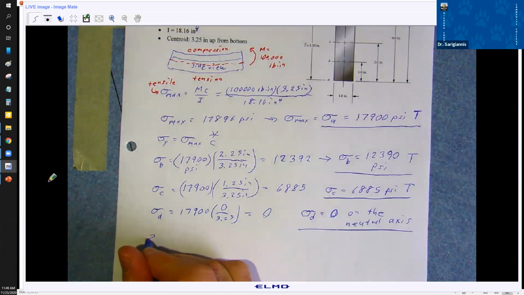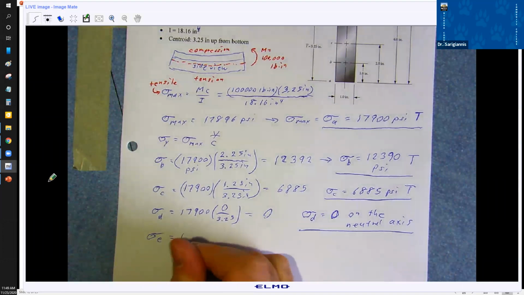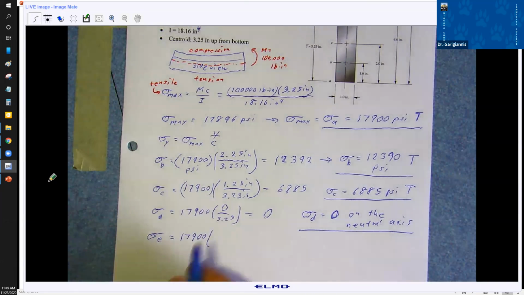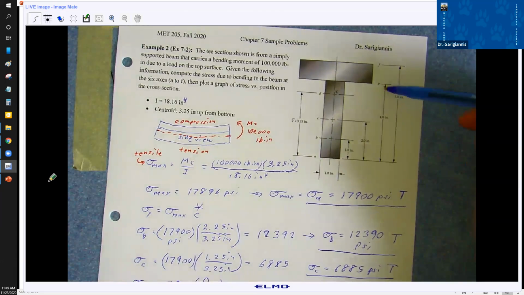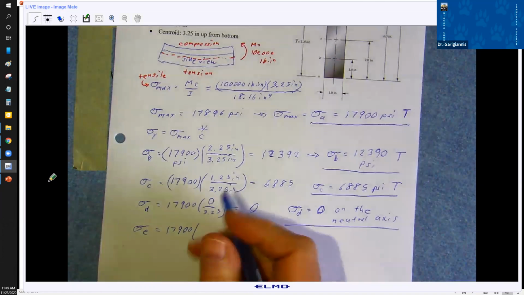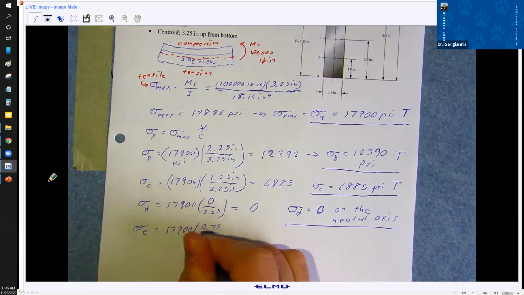Finally, I've got sigma E. I better leave myself room for a diagram. 17,900. Now notice here, I don't have to put a sign here. The distance from E to C is 4 minus 3.25, so it's 0.75 divided by 3.25.